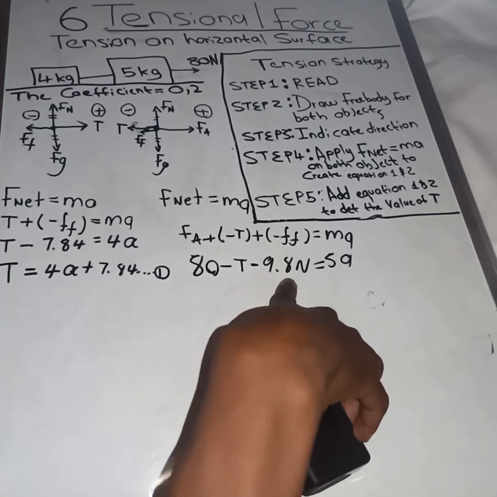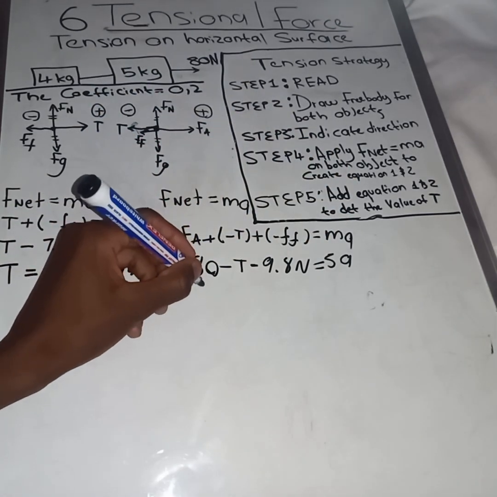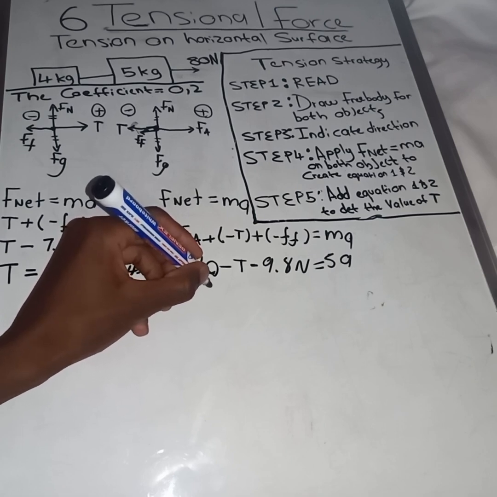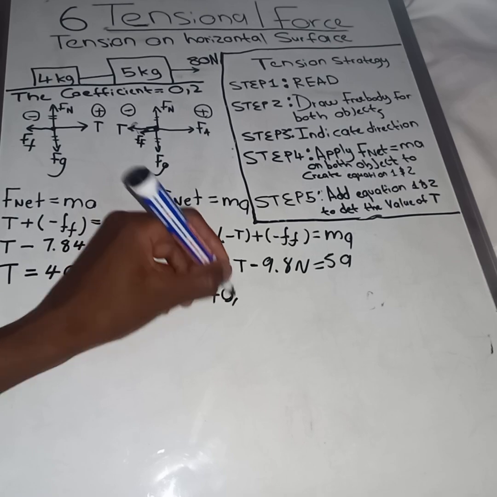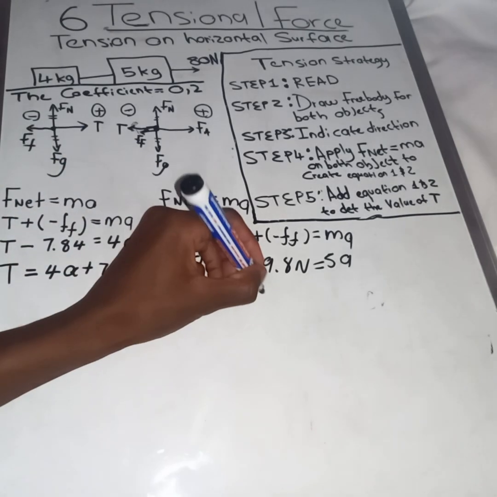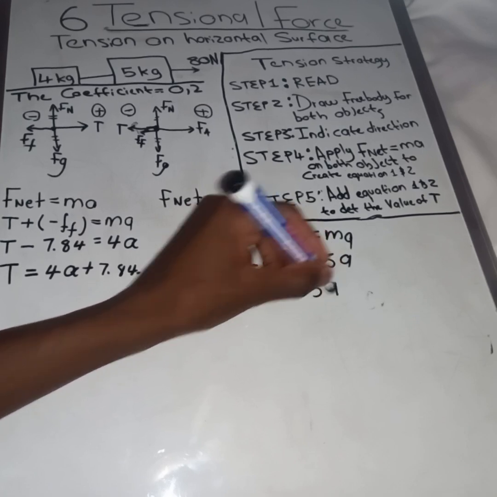So 80 minus 9.8, 70.2 minus tension equals 5a.